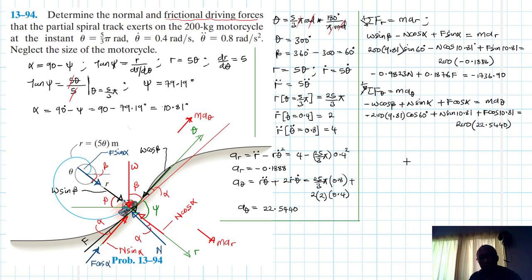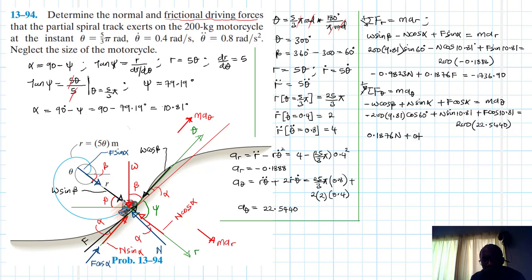Alright, simplifying this, we'll get the following. Sine 10.81 is 0.876 N, right? Then we have plus cos 10.81.